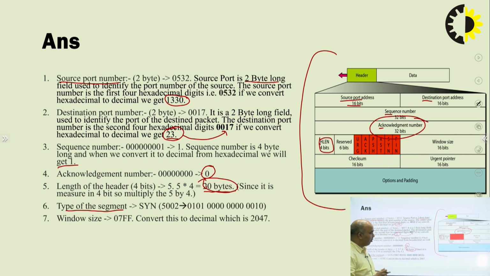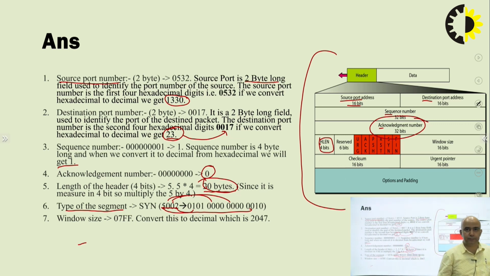In order to identify it, first we need to convert this 5002 into bit format. The 5 is already taken, so we are left with 0, 0 and 2 here.